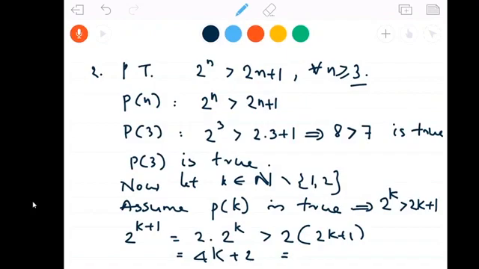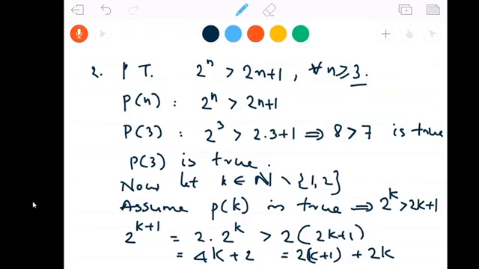I am writing this as 2 times (k plus 1). What is 2 times (k plus 1)? 2k plus 2. And 4k, I am writing 4k as 2k plus 2k. Okay, so I can write 4k plus 2 as 2(k+1) plus 2k.